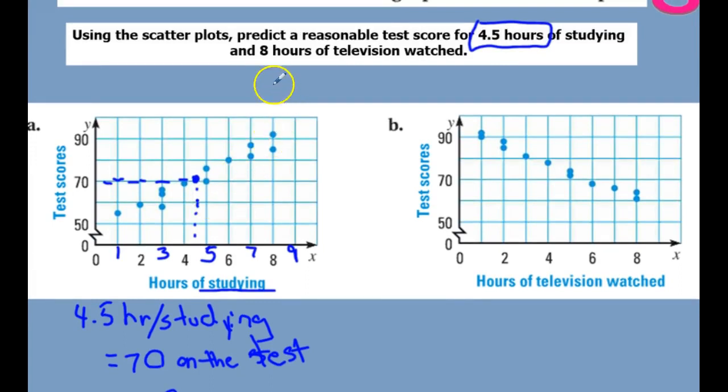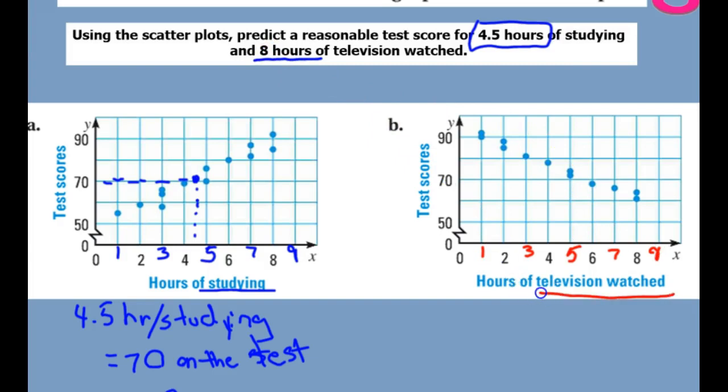Our next problem says find the test score after watching 8 hours of television. So again, we're going to have 1, 2, 3, 4, 5, 6, 7, 8, and 9. So we're looking for 8 hours of television watched.